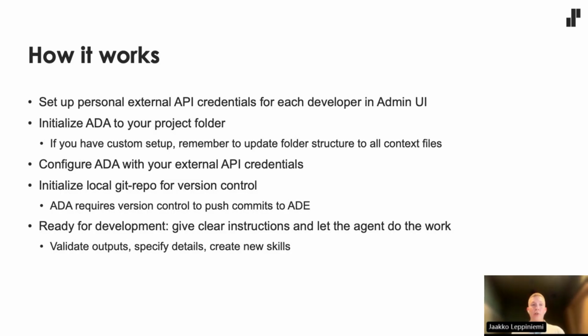So if you have a custom setup, for example, I have the ADA folder directly under the project folder, so some folder paths might need to be adjusted for agents to find correct skills and context. Then set up a local Git repo for version control, and you're ready to start developing. These personal external API credentials and version control are needed for traceability. So ADA requires those things for it to work.